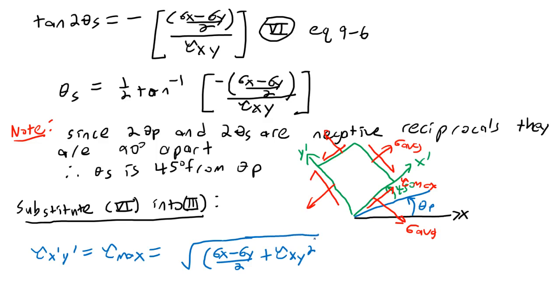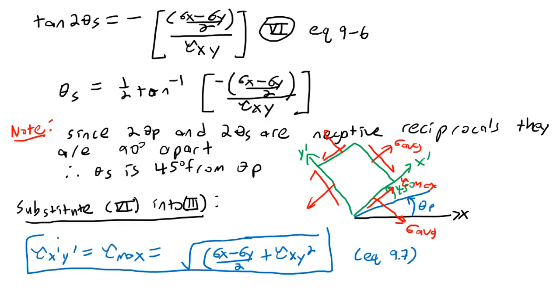If you're noticing that these equations look a lot like the equations of a circle, that's no coincidence, and you'll see that when we get to Mohr's circle. This is equation 9-7 in the Hibbler book. So this is kind of important, so box that, really critical equation. This allows us to get the tau max directly from the initial untransformed stresses.